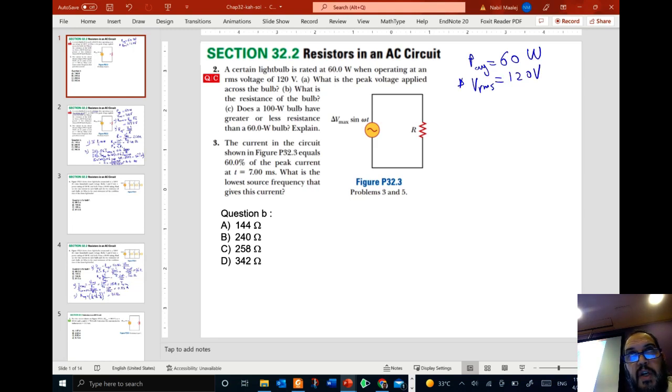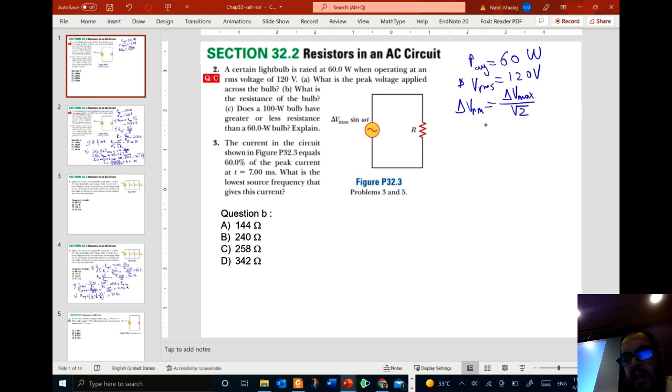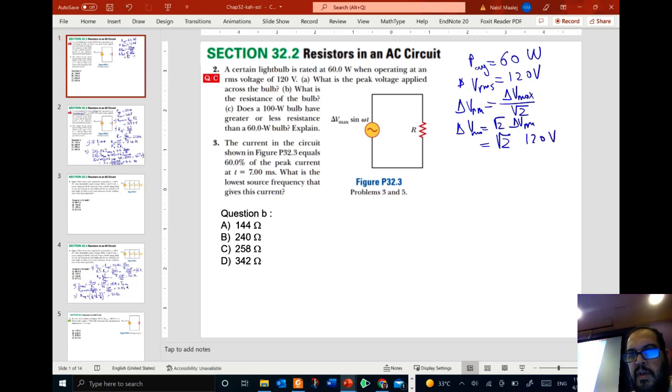We have an equation that relates delta V max. Remember, delta V RMS is delta V max divided by square root of 2. So we can write delta V max is square root of 2 times delta V RMS. So that's square root of 2 times 120 volts. Okay, this is question A. This is the peak voltage.